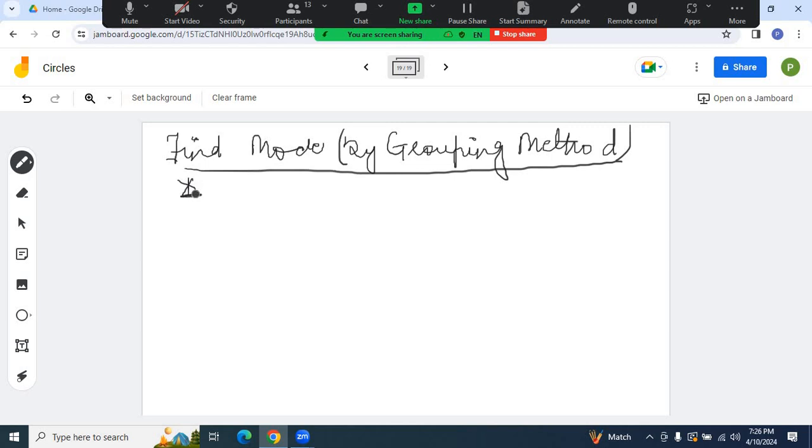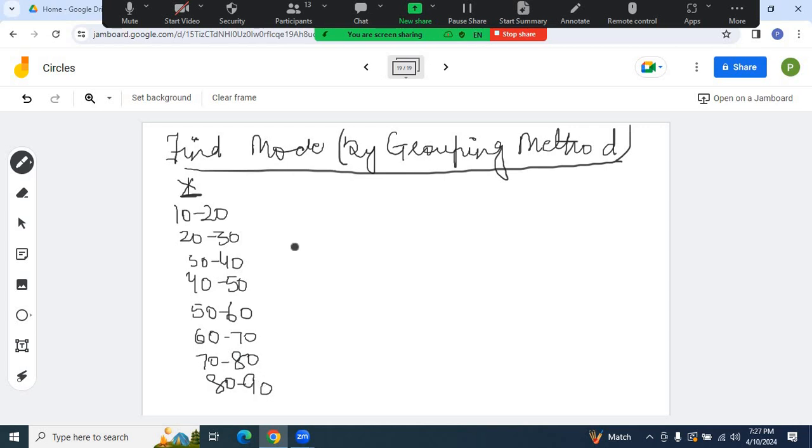X is 10 to 20, 20 to 30, 30 to 40, 40 to 50, 50 to 60, 60 to 70, 70 to 80, 80 to 90. And frequency we have 5, 9, 13, 21, 20, 15, 8, 3.